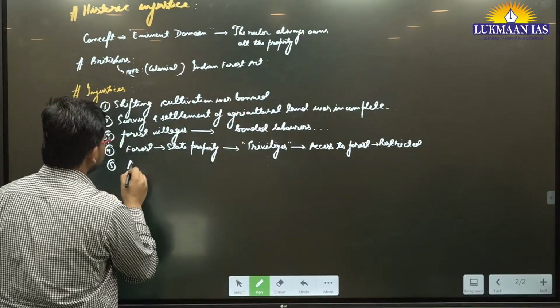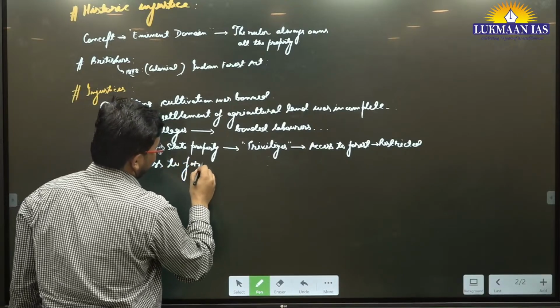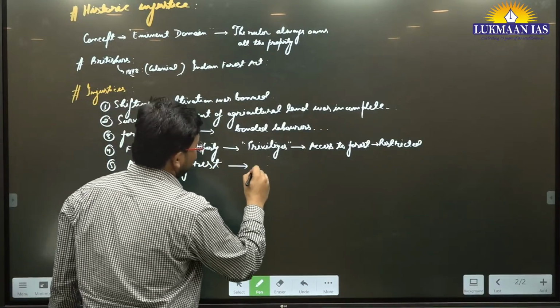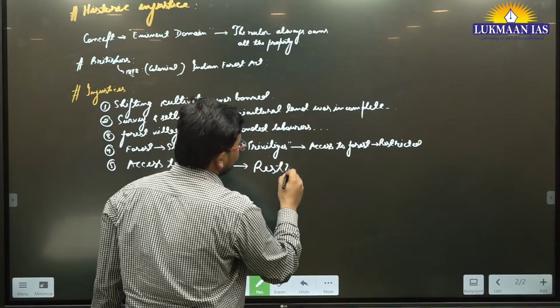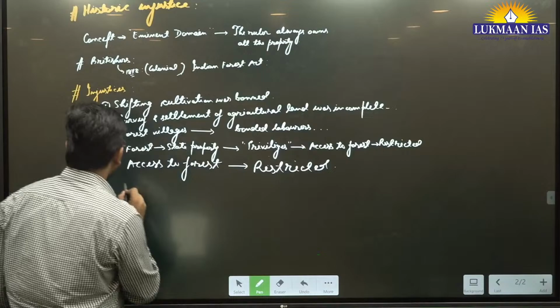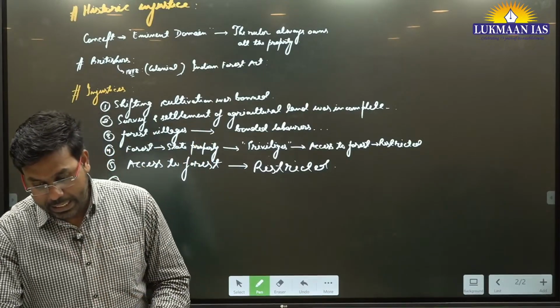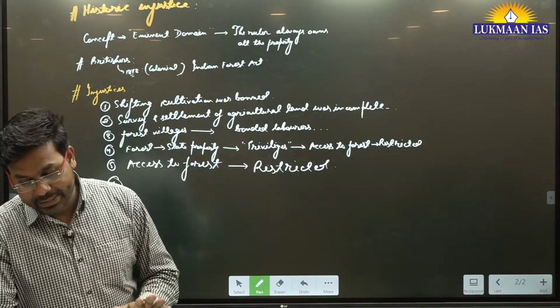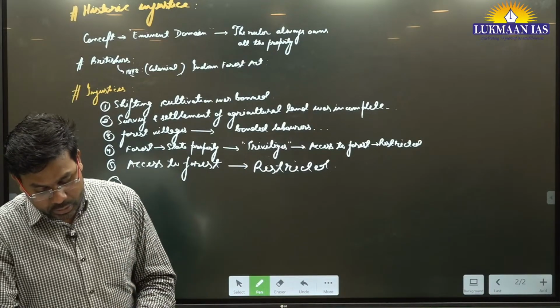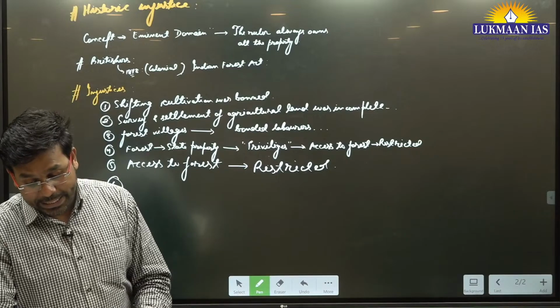Access to the forest was heavily restricted because ownership was transferred to the state. That was another problem. And apart from this, many other things were done, like states being created as zamindari states.